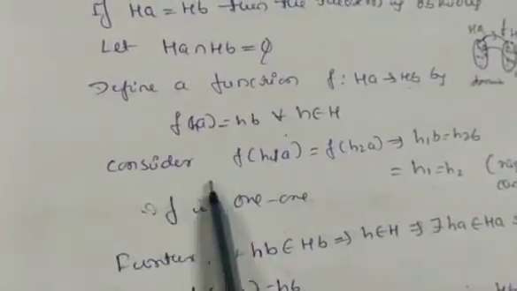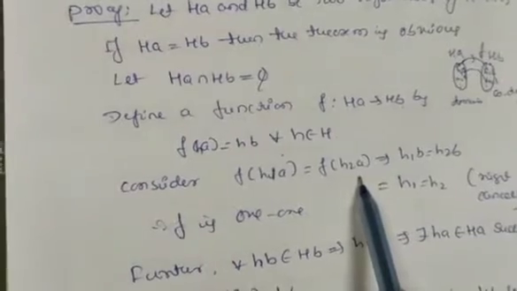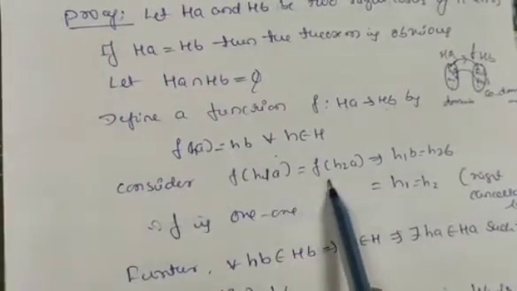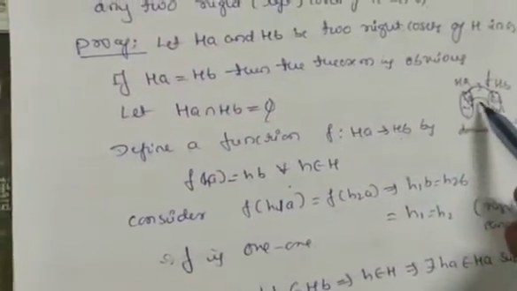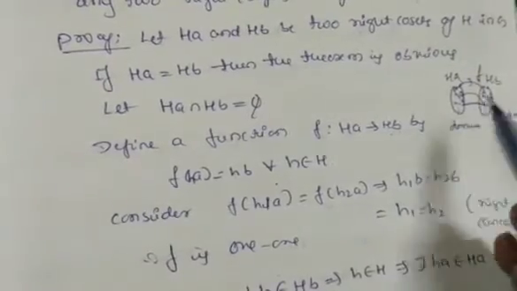Now let us consider f of h1a. Just now I told you that f of h1a is equal to f of h2a means the images of h1a and h2a are equal, that is, they are associated with the same element.